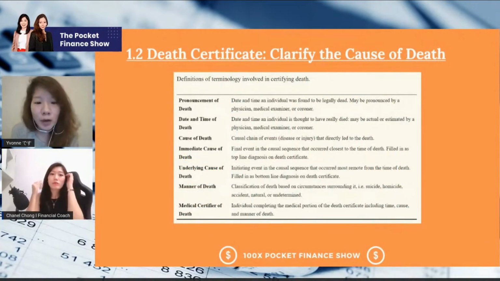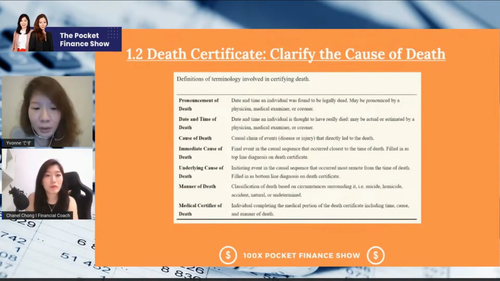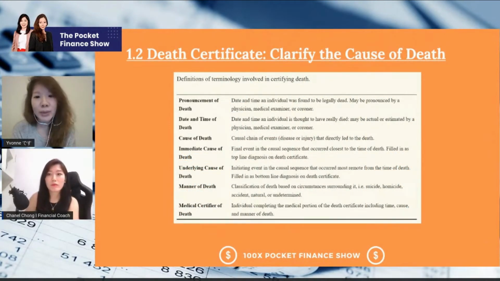There are also a lot of things that you need to clarify about the cause of death. It is very important that you know what is on it. Pronouncement of death: the date and time of death, meaning the time you noticed the person was dead. If there is an autopsy, they will normally tell you roughly what time the death occurred. Then the cause of death: immediate cause of death and underlying cause of death.